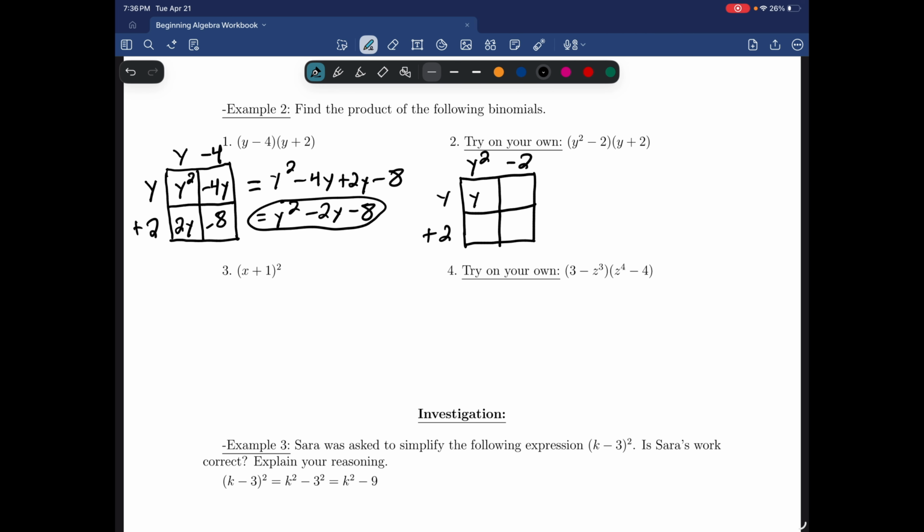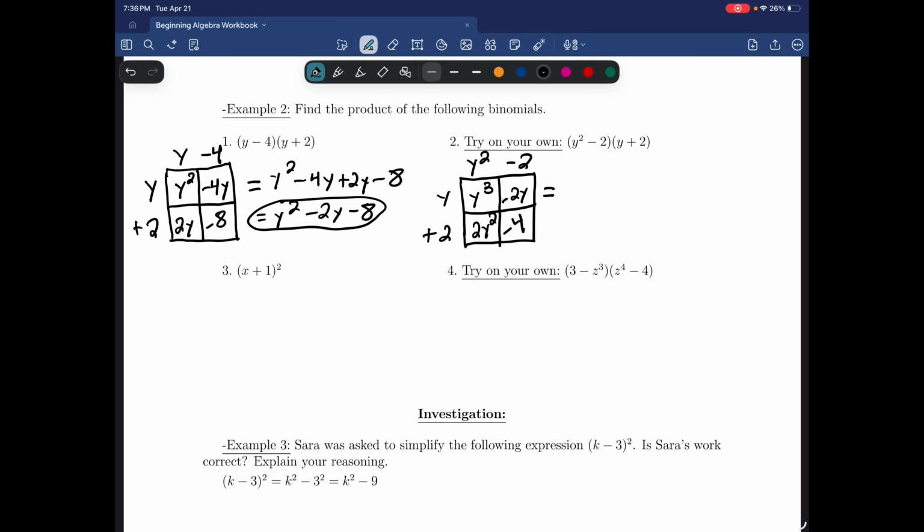And using our exponent rule, we're going to get y cubed. And then here, we're going to have y times negative 2, and that becomes negative 2y. And then here, we're going to have 2 times y squared, which becomes positive 2y squared. And then here, we have 2 times negative 2, and 2 times negative 2 is negative 4.